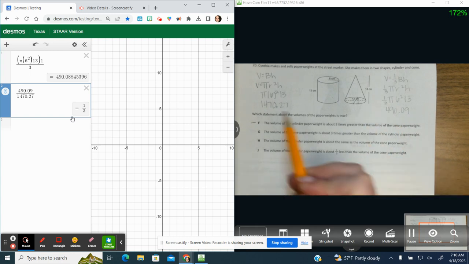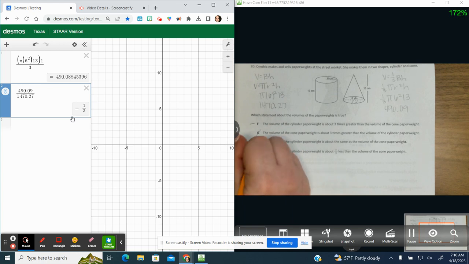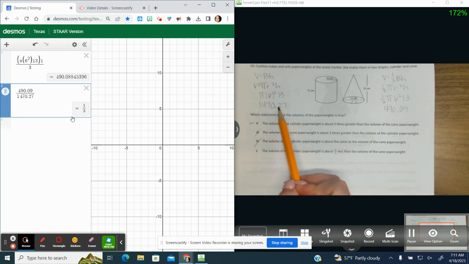The cone is smaller than the cylinder, so not true. The volume of the cylinder paperweight is about the same as the cone. Those are not the same. The volume of the cylinder paperweight is about 1/3 less than the volume of the cone. The cylinder is bigger than the cone, so we know that's not true.